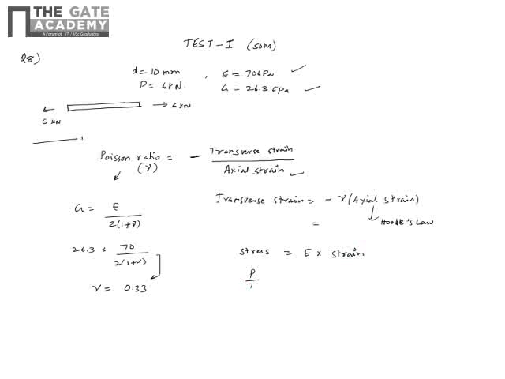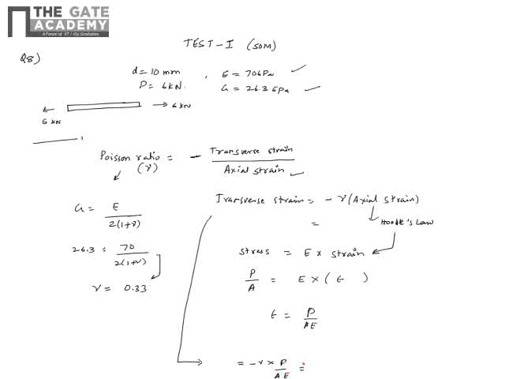Stress is load per unit area. Young's modulus, this is my axial strain. Okay, this is what I want, so let's note it by epsilon. Okay, so basically I am using Hooke's law here. So epsilon is P by AE. Okay, and then basically my transverse strain becomes minus nu P by AE.